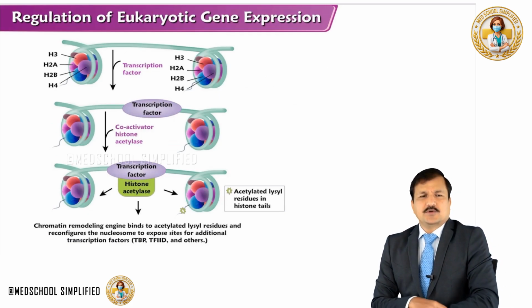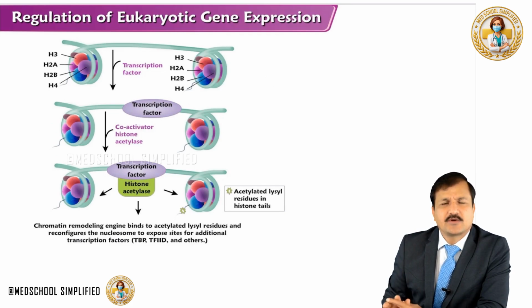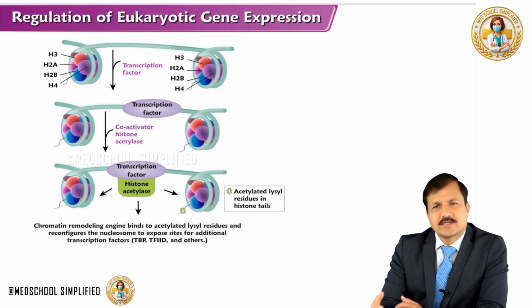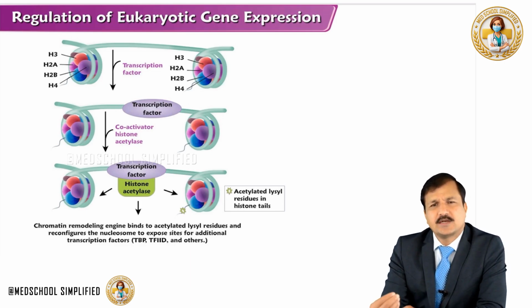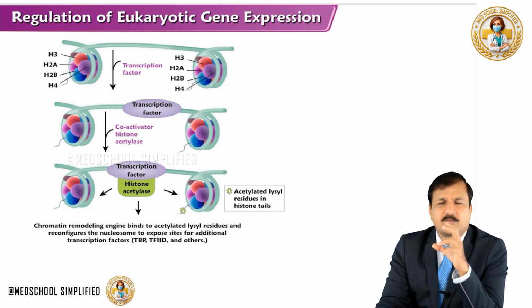So when it comes to regulation of eukaryotic gene expression, in eukaryotic cells, as you see here in this particular figure, DNA is packaged in a chromatin structure, and gene expression typically requires chromatin remodeling in order to make the desired gene accessible to RNA polymerase and other proteins like transcription factors.